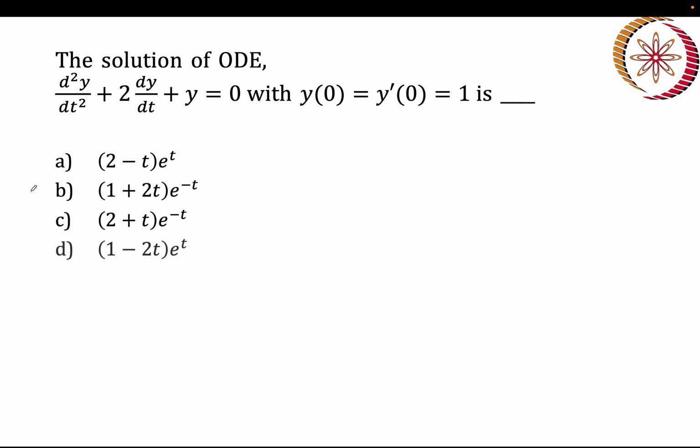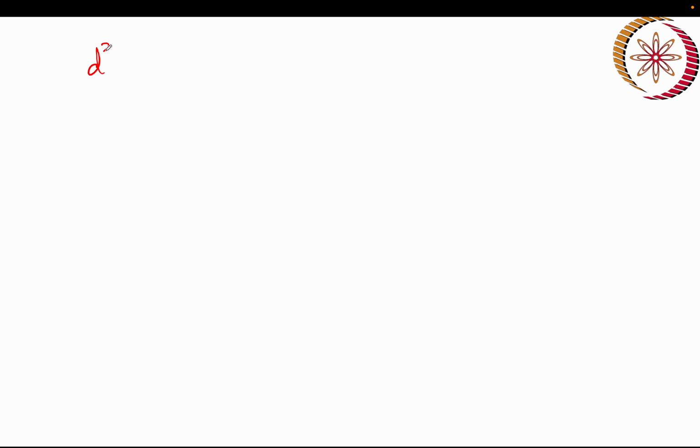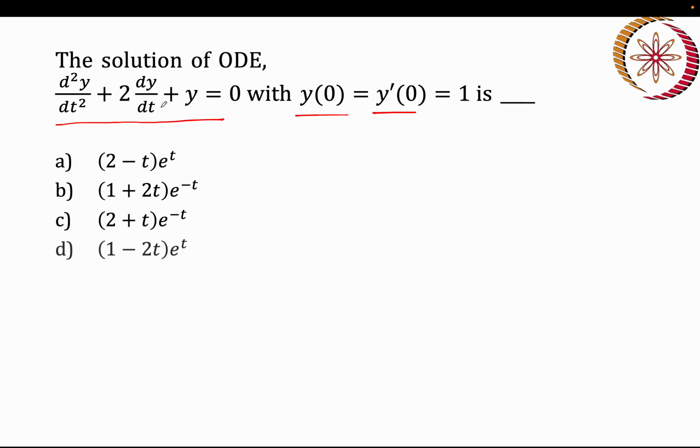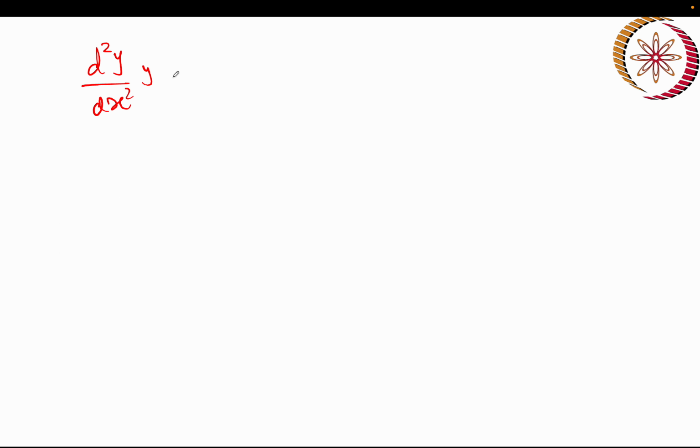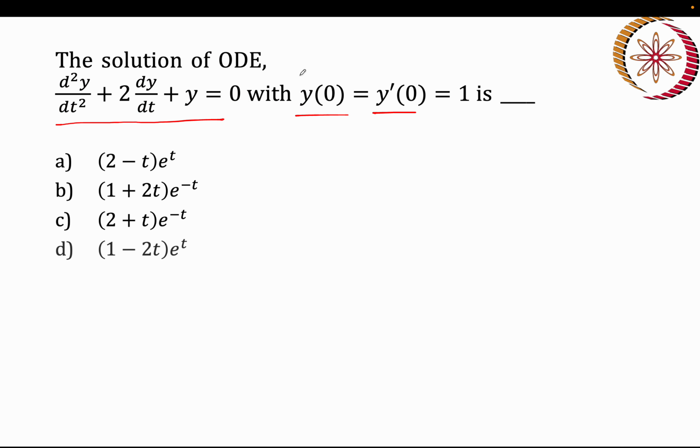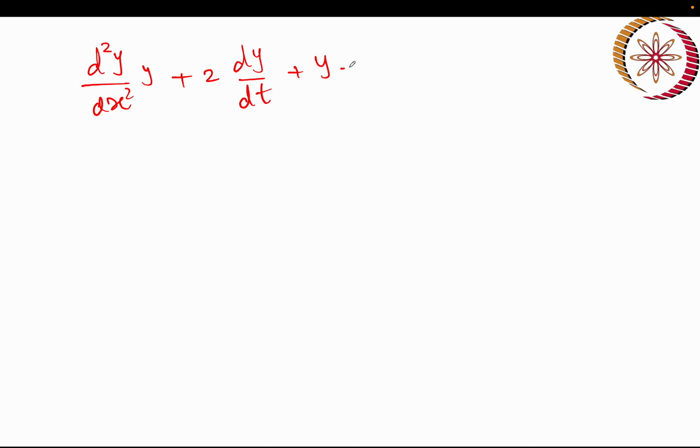The next problem is the solution of the ODE. So the ODE is given, with y at 0 and the first derivative given. Okay, so we'll start solving it. So d square y by dx square plus 2 dy by dx plus y is equal to 0.